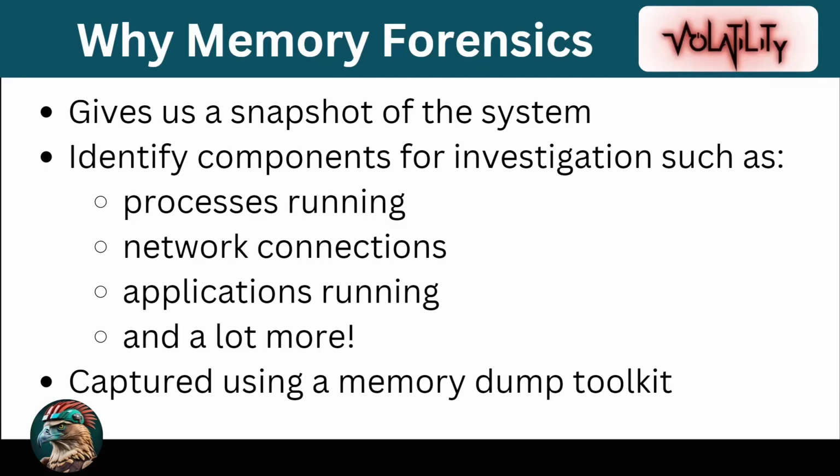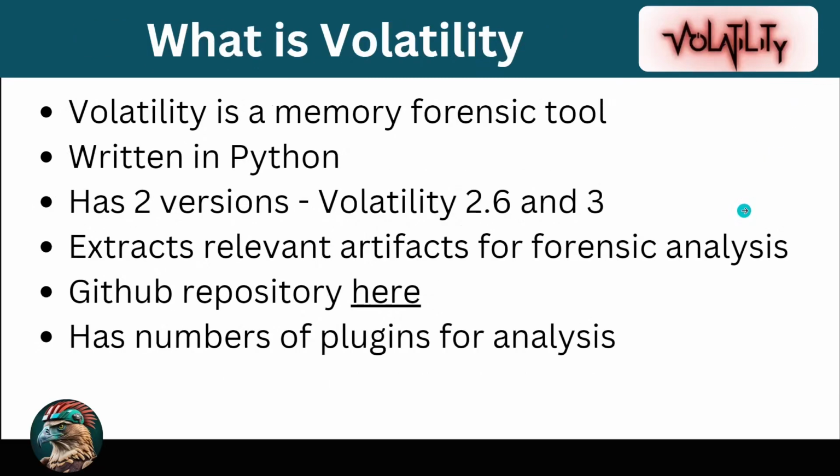So for today as well, we'll look at Volatility. What is Volatility? Volatility is a memory forensics tool. It is the queen of memory forensics, as many digital forensics and incident responders like to call it.